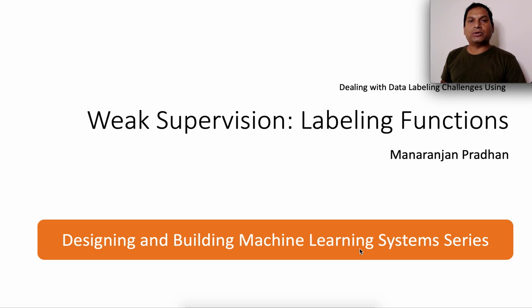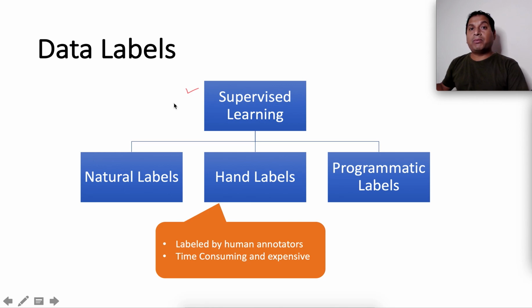In this week's video, we'll discuss another technique in dealing with data labeling challenges called weak supervision or labeling functions. The majority of the problems that you'll be dealing with in industry are supervised learning problems, and one of the key inputs for this kind of problem is labeled data.